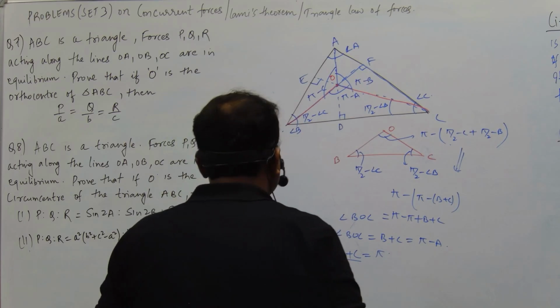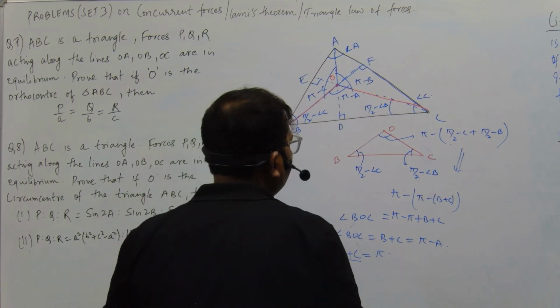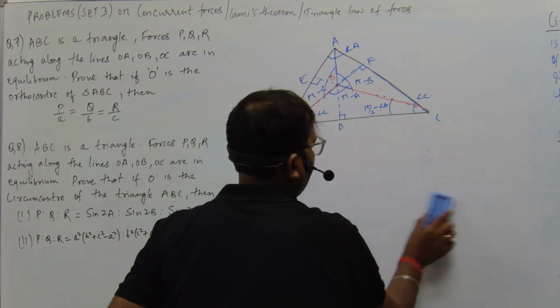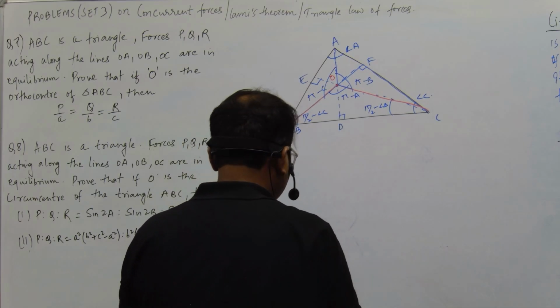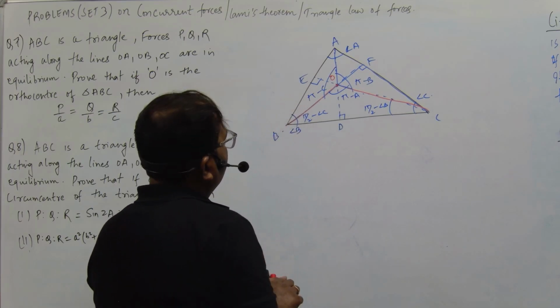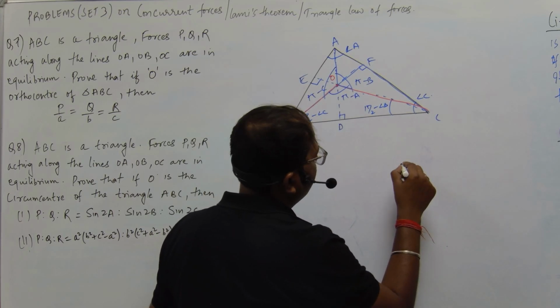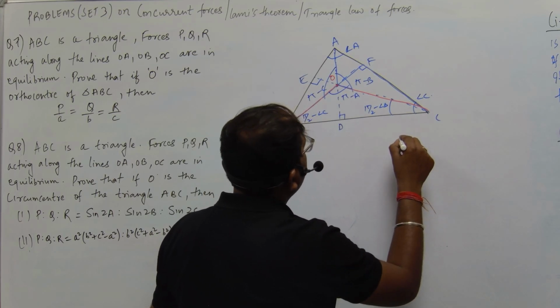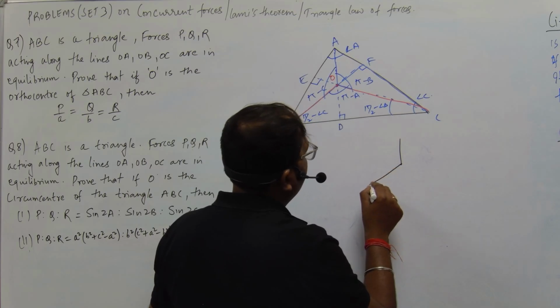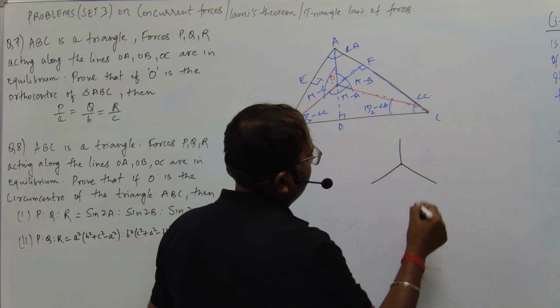Let us draw this again. This is the point O, and this is OA, this is OB, and this is OC.